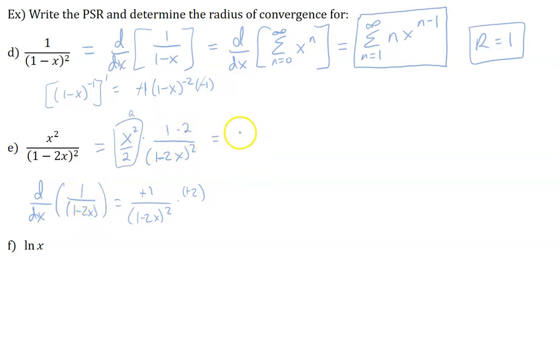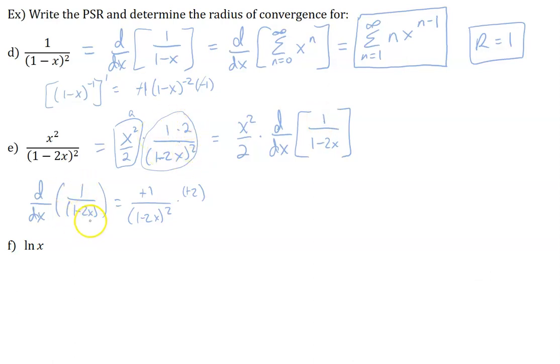And remember, is equals. So this I can write as x squared over 2 times the derivative of 1 over 1 minus 2x, okay? So this part right here is the derivative of, nope, sorry, that is a 1.